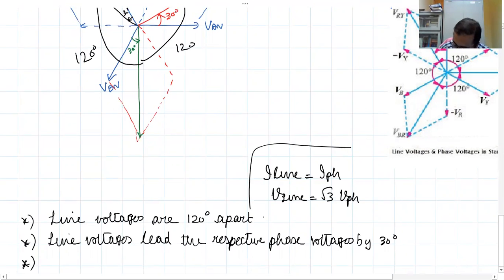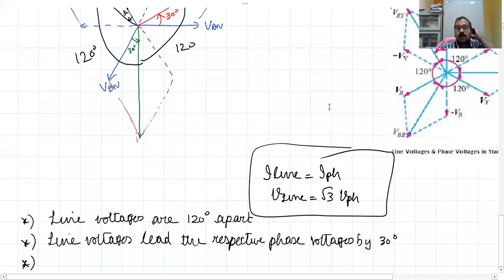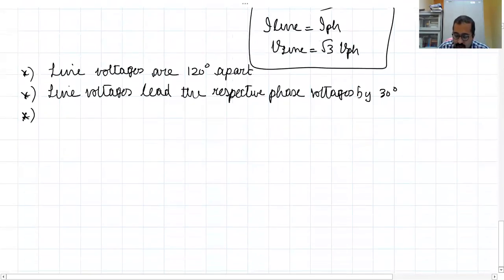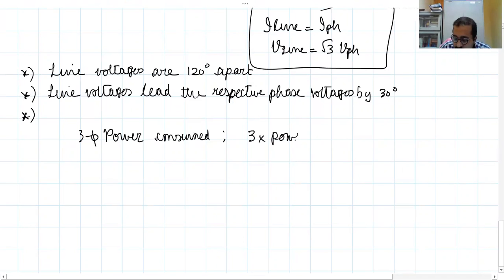Now how will you find the total active power consumed, the total three-phase power? It is 3 times the power per phase. That means 3 into VPH into IPH into cosine of the angle between the two, cos phi.